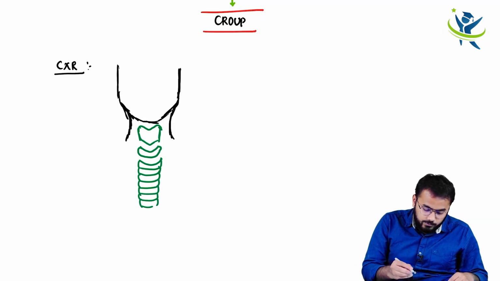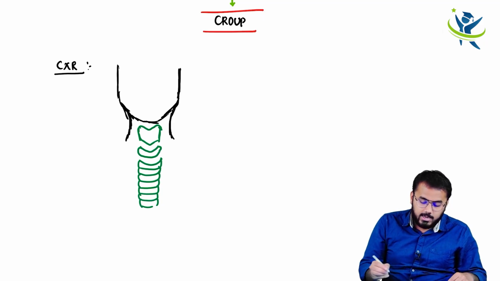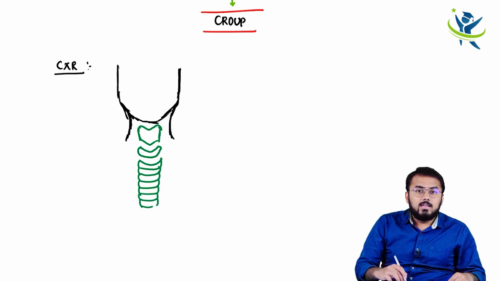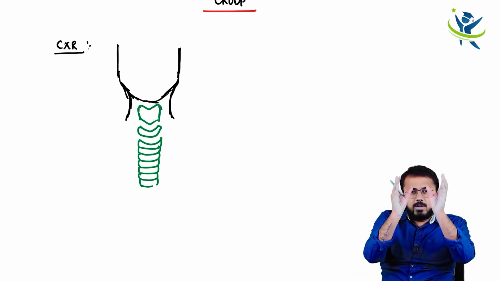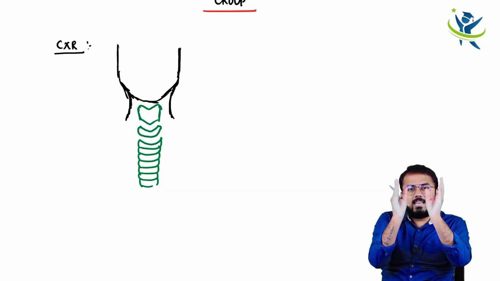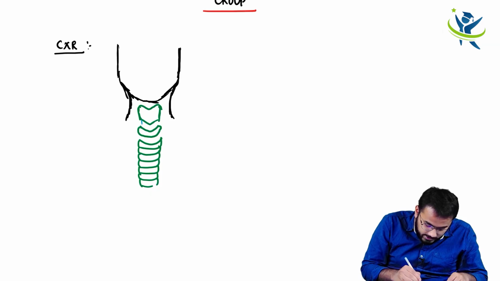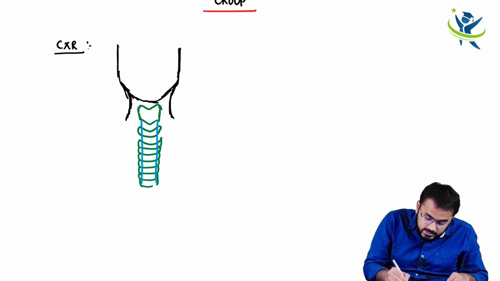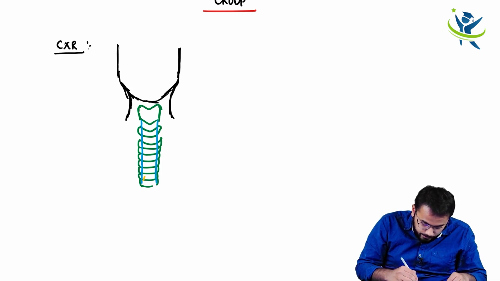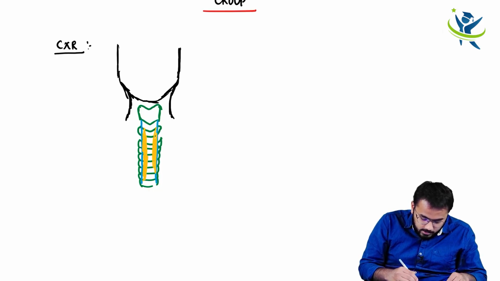Clear? Now within this trachea, what did I tell you? There is inflammation, and there is mucus leading to thickening of the wall of the trachea, isn't it? So let us say this is the wall of the trachea. Now there is thickening of the wall of the trachea.